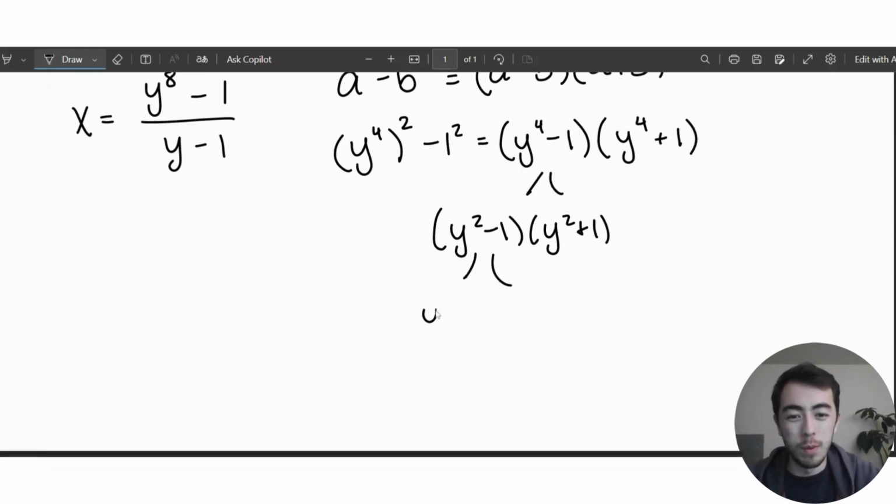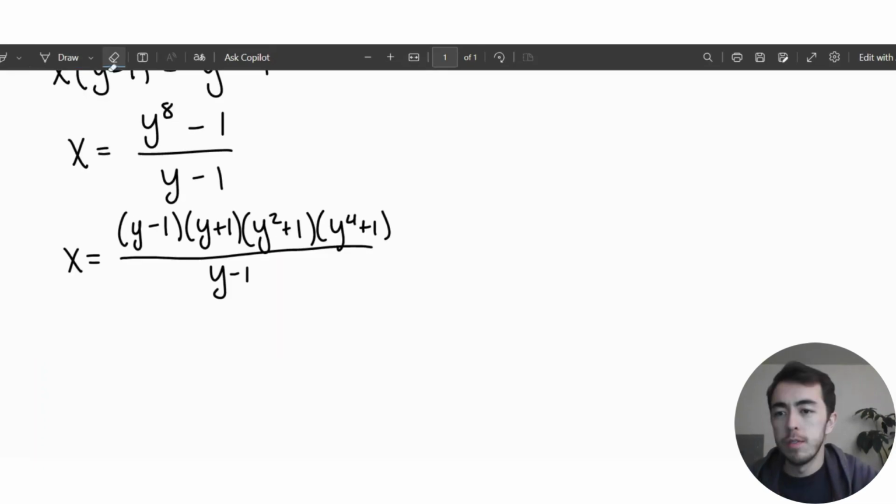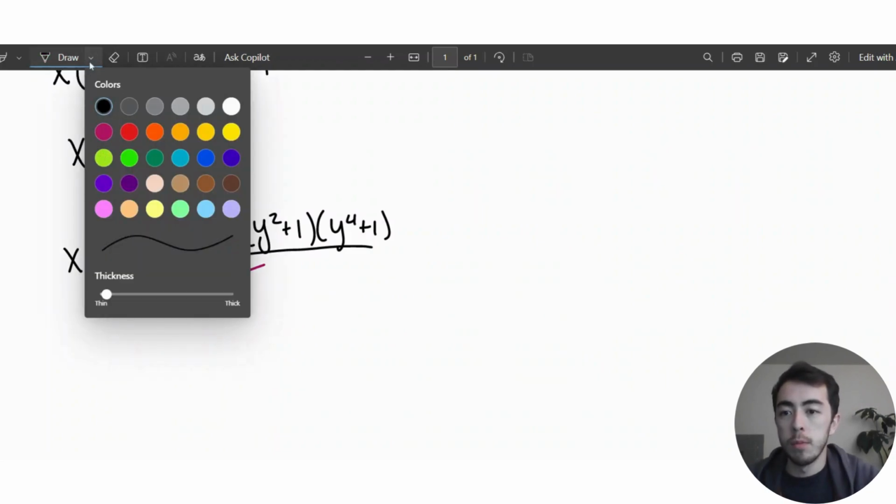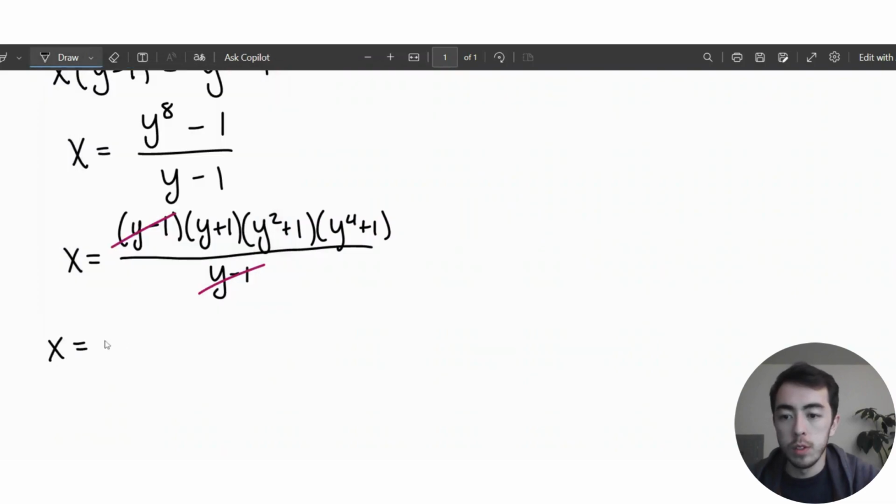This one can be y plus 1 times y minus 1. And finally, I feel like I've factored it all. Let me collect it up. And finally, I noticed that the y minus 1 on top cancels with the factor of y minus 1 on the bottom. And so I'm left with x is equal to y plus 1 times y squared plus 1 times y to the 4th plus 1.